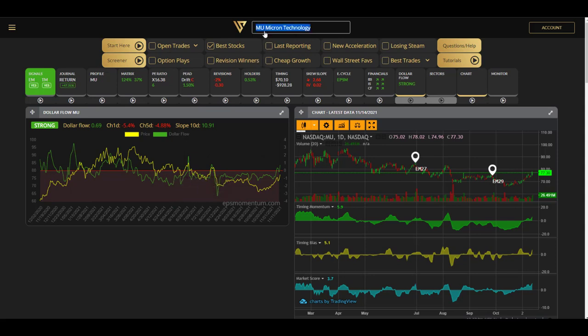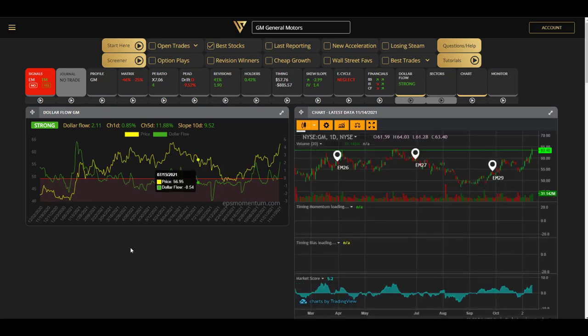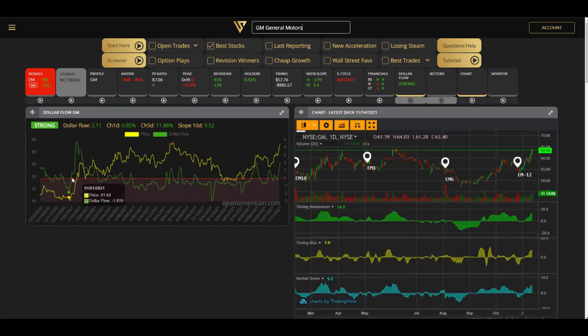Let's take another stock, for example, GM. Here we can see a huge flow of money pushing the price up, right? And then eventually drying up, a little bit of positive here, but then really drying up in April.